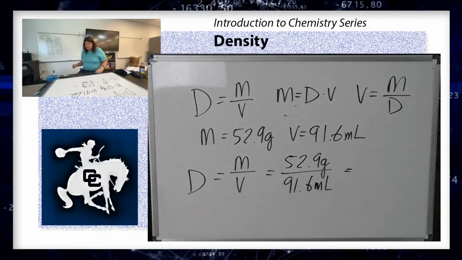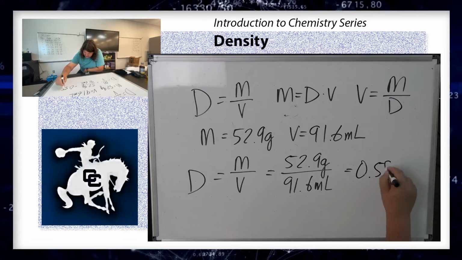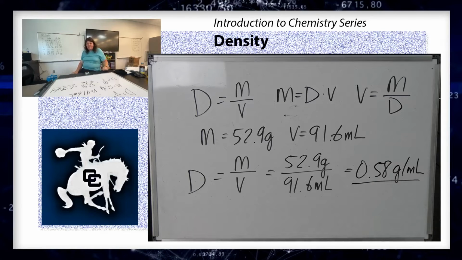I then solve. 52.9 divided by 91.6 is 0.58 grams per milliliter. Make sure you round your answer to the correct number of digits after the decimal place. In this case, we generally round to 2 or less after the decimal place.